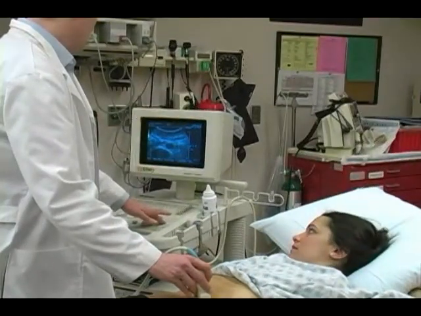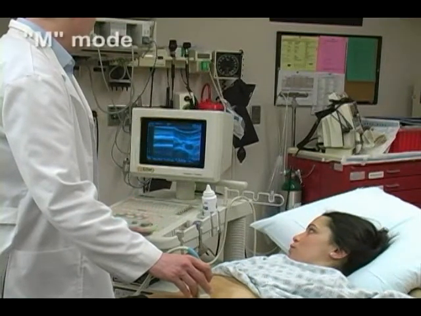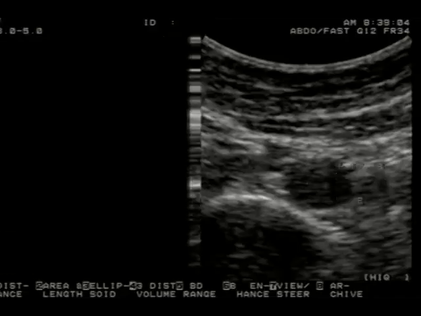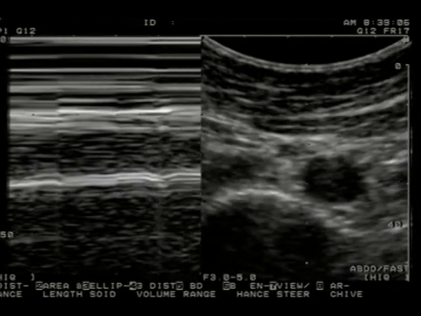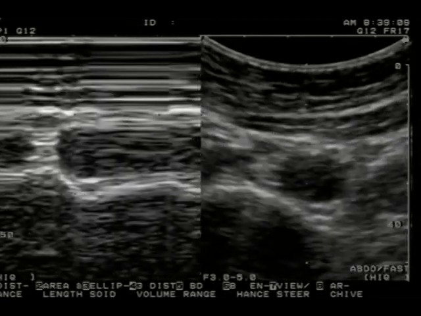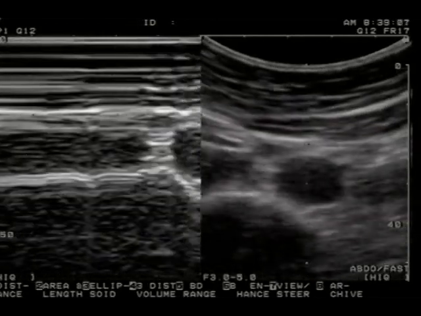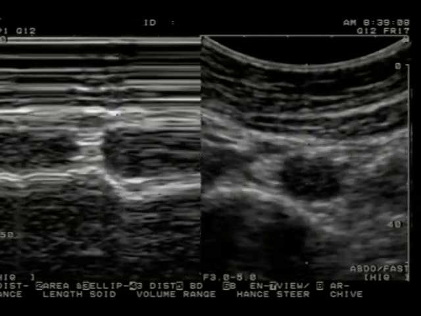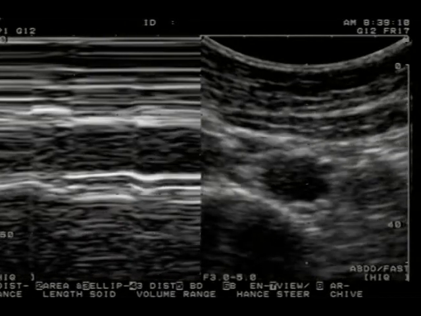For the more advanced sonographer, use of M mode or motion mode may be useful. M mode applies a reference line along a single channel of ultrasound waves and provides the sonographer with a tool to assess for movement along that reference line.